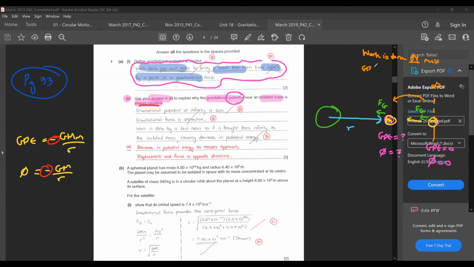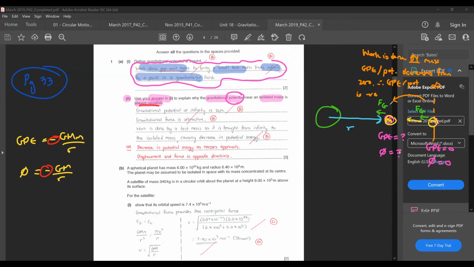The GPE, or rather potential, decreases from 0. Therefore, GPE, or potential, is negative.